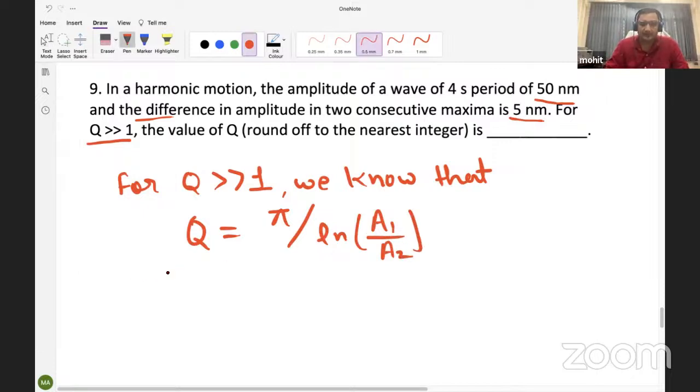Okay, so what is given? A1 is given, that is A1 is equal to 50 nanometer, and A1 minus A2 is also given, that is 5 nanometer.